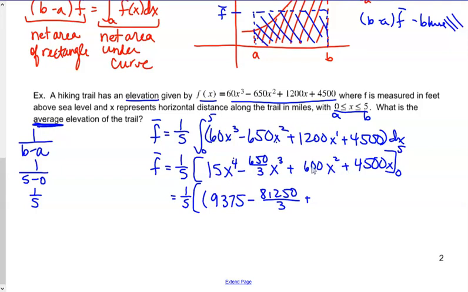Squaring 5 gives me 25, multiplying by 600 is 15,000. And multiplying 5 by 4,500 gives me 22,500, and that is the evaluation for x equaling 5. But I'm going to subtract here the 0. I'm just going to put a 0 there so you don't forget to evaluate at f of a as well.